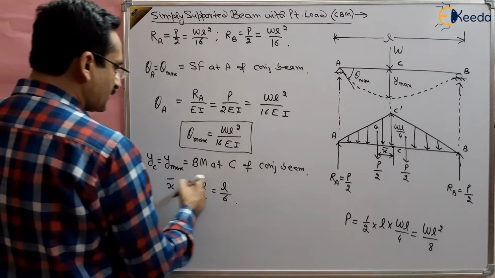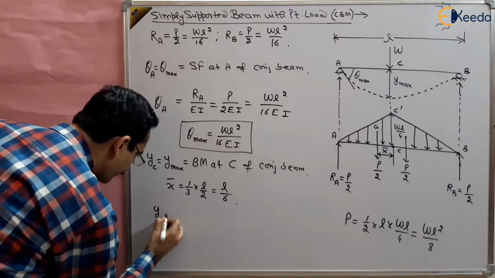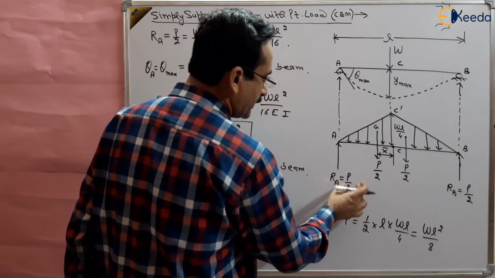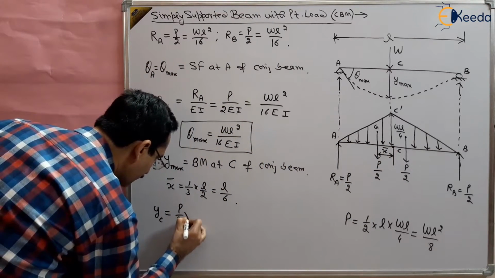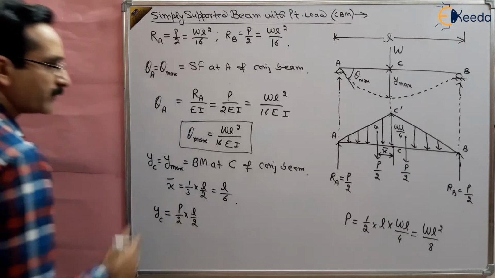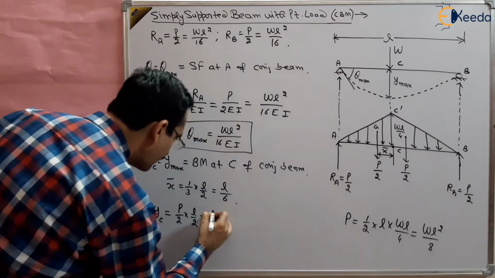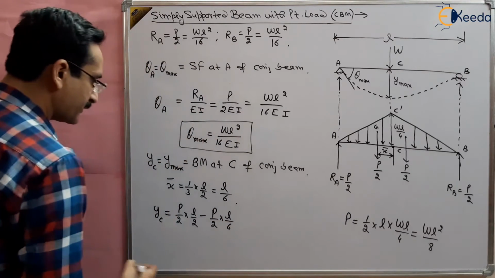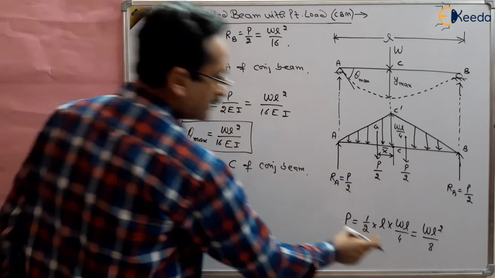So YC is the bending moment at C of the conjugate beam. So YC will be equal to the bending moment of this P by 2 multiplied by L by 2. This is positive, minus, this is negative, P by 2 multiplied by L by 6. So what is P? P is WL square by 8.